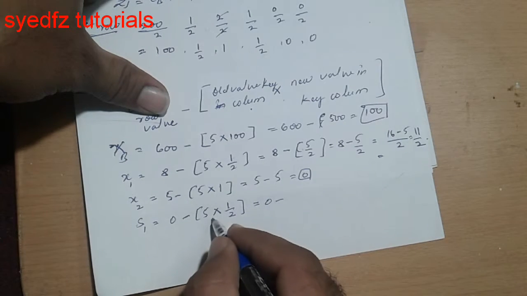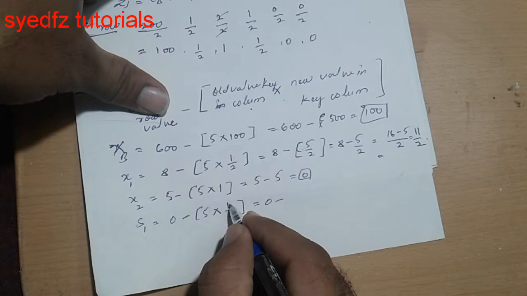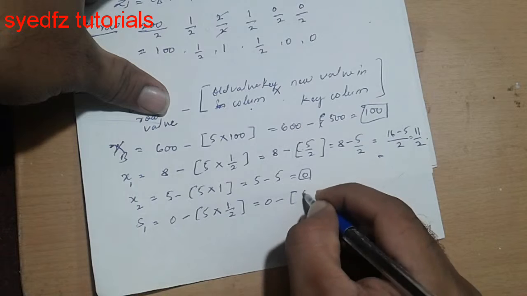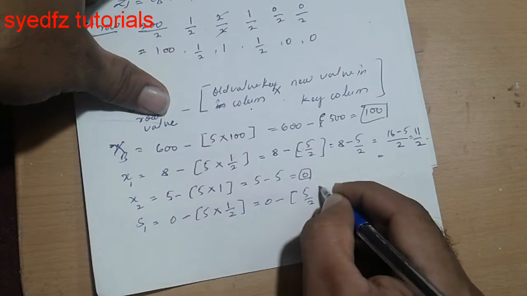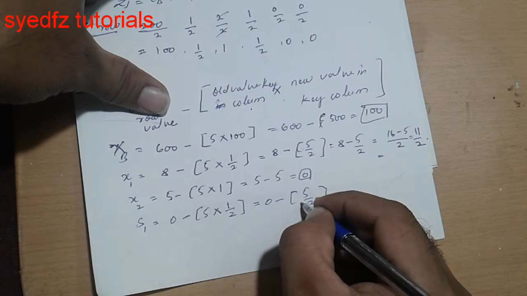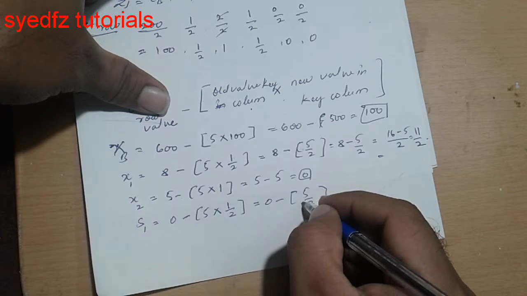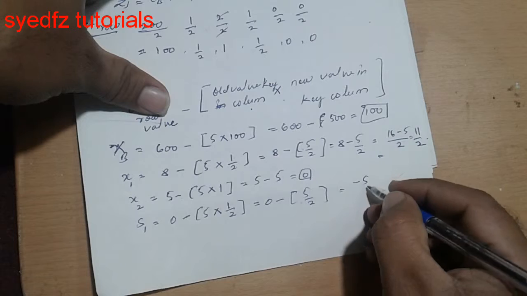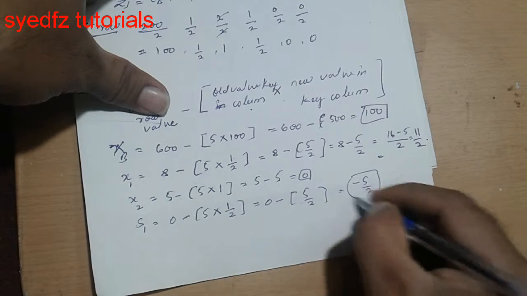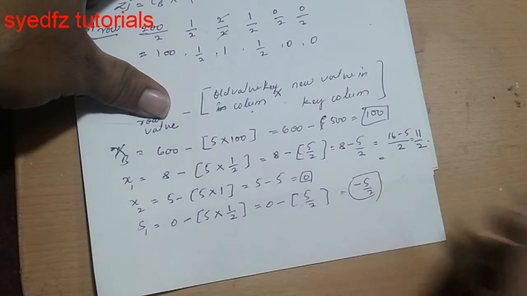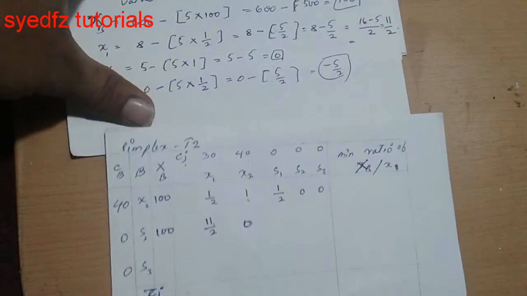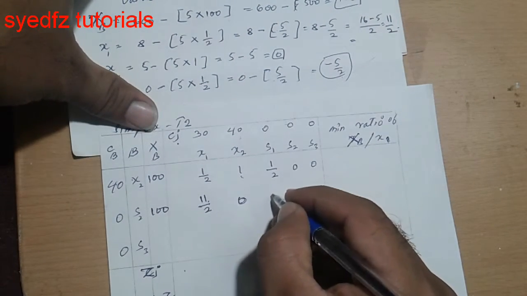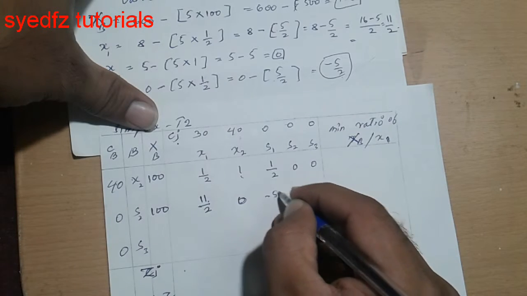How do you get 5 into 1? 5 divided by 2. Inside is plus, outside is minus. Minus into plus, minus. So this is minus 5 divided by 2. So for S1 we got minus 5 divided by 2. So what do we take in the next table? Minus 5 divided by 2.